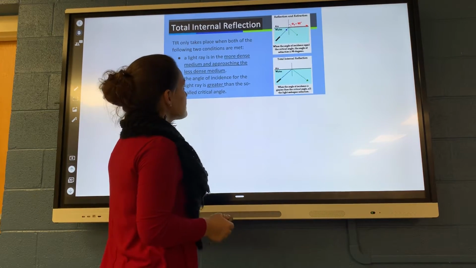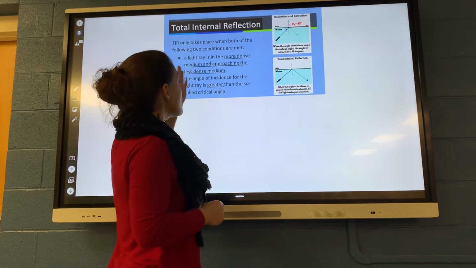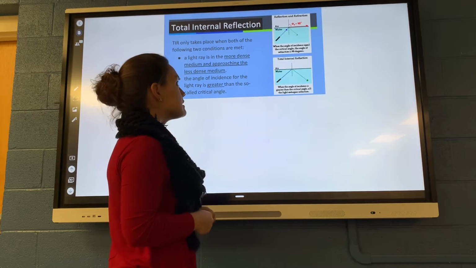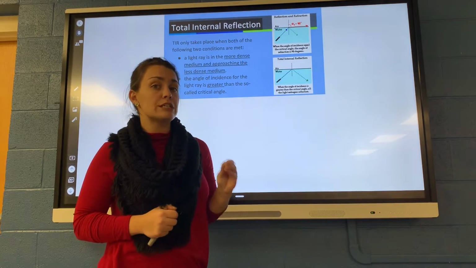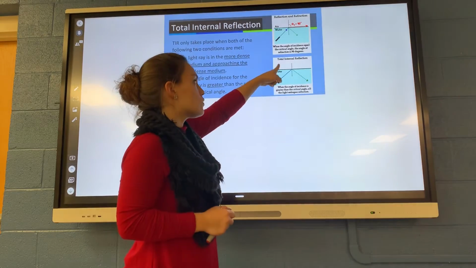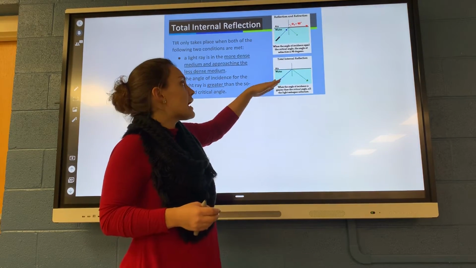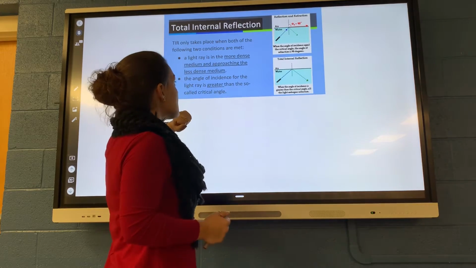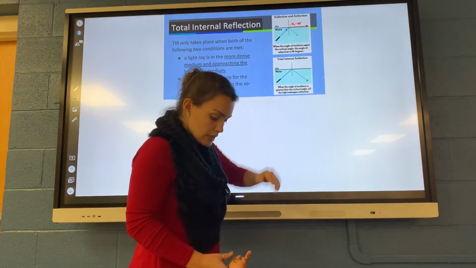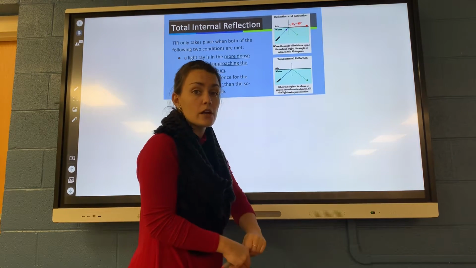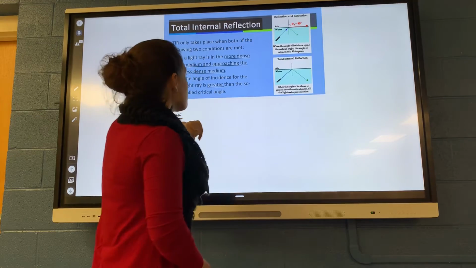All right, so total internal reflection only takes place when both of the following conditions are met. The light ray has to be starting in the more dense substance, right? What's more dense, water or air? Water. Dense means it's thicker, right? So it has to start in the water and has to be approaching the barrier of a less dense substance, so water to air, all right?